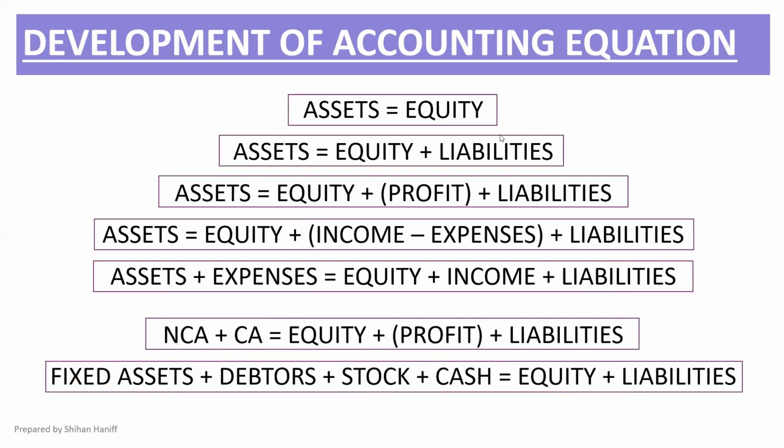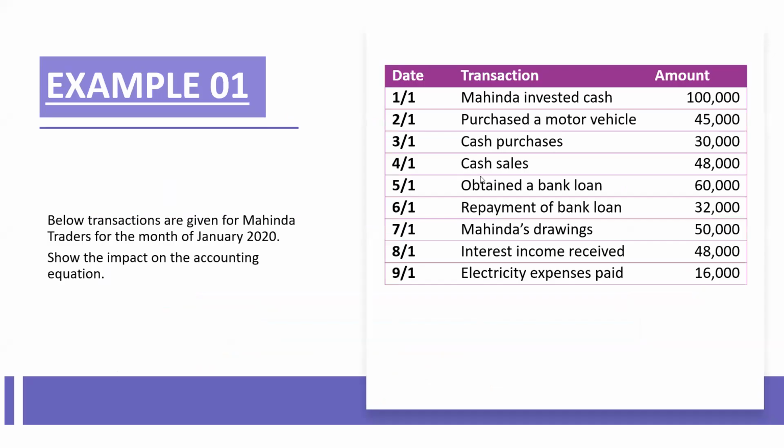Now let's do some questions. Example 1. We have around 9 transactions. We are going to record the transactions in the accounting equation. You all also can take a paper and a pen. We'll start doing it. Right?